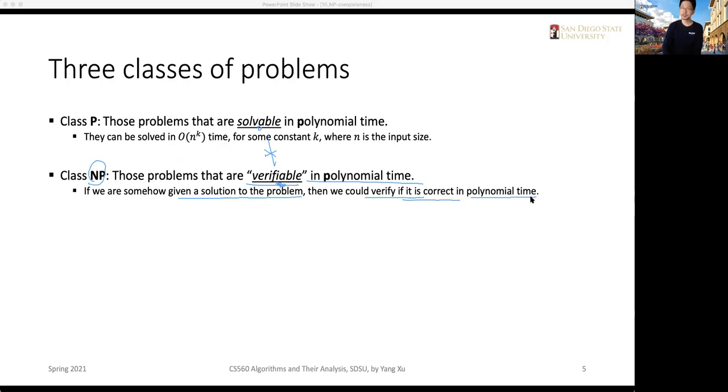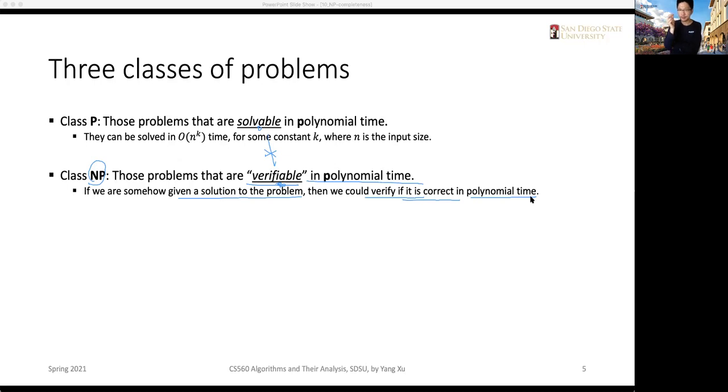Okay, so for example, in the Hamilton cycle problem, the problem asks for a path that goes through all the vertices exactly once, right? So that is the target solution we want to find, right? So it's hard to solve this problem, right? It's hard to really find one solution that's correct.